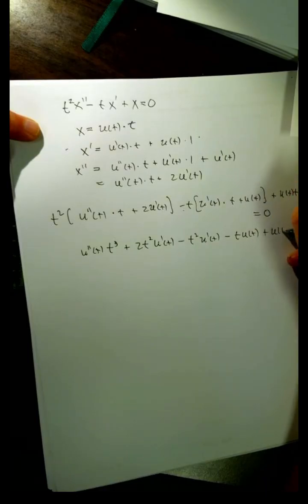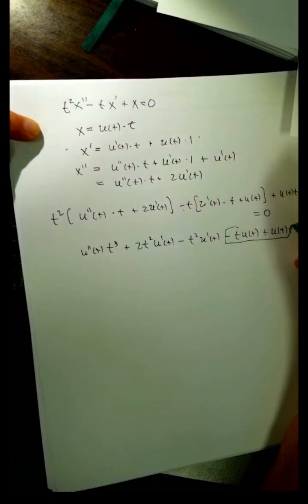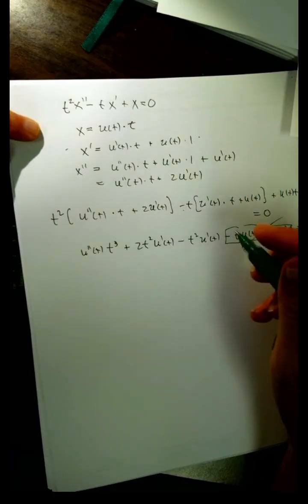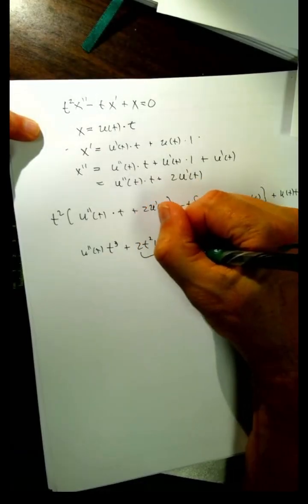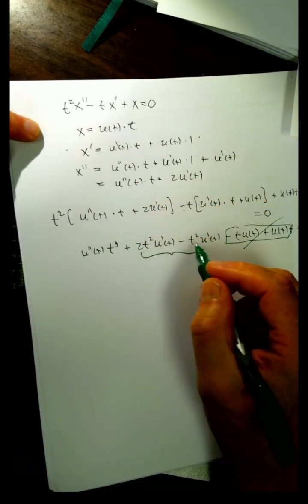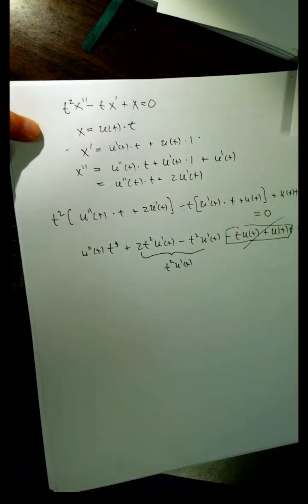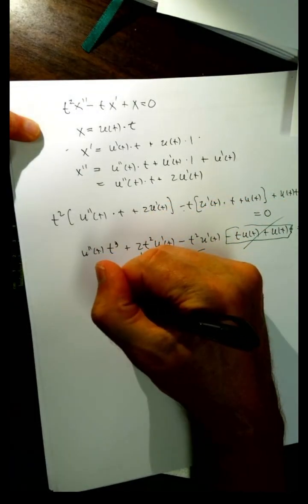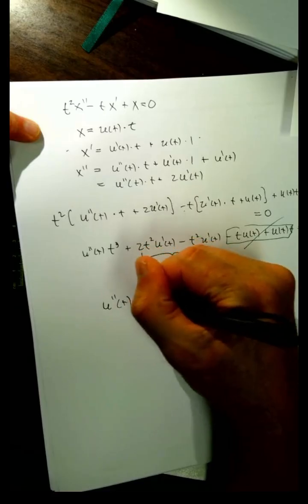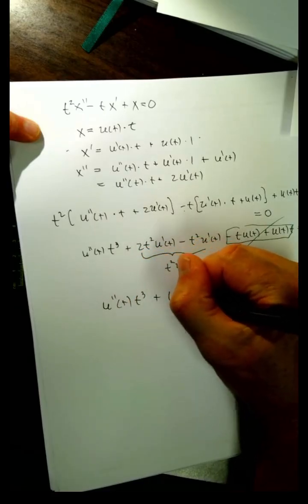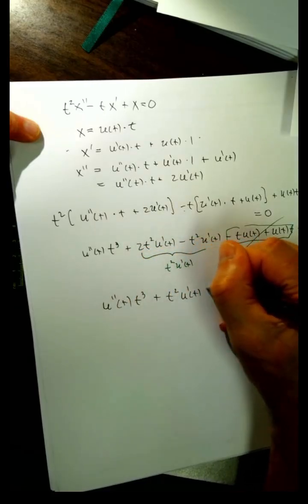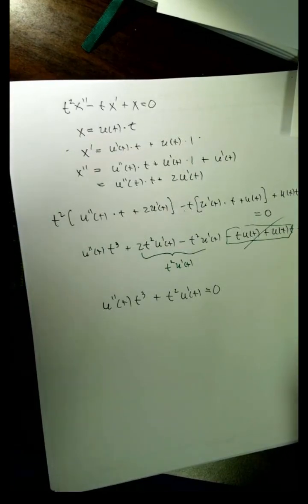And then there's no change to this. This is u of t times t is 0. Notice these two terms cancel. 2t squared u prime minus t squared u prime becomes t squared u prime. So my equation now becomes u double prime t cubed plus t squared u prime is 0.